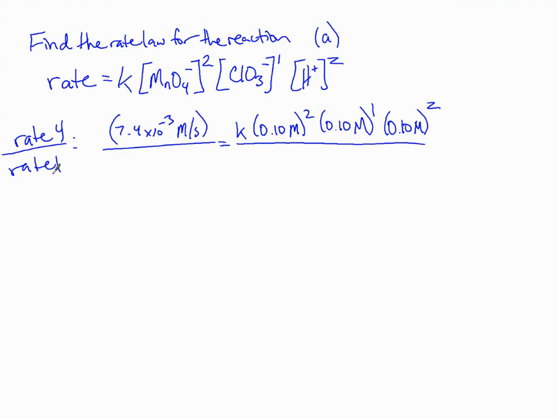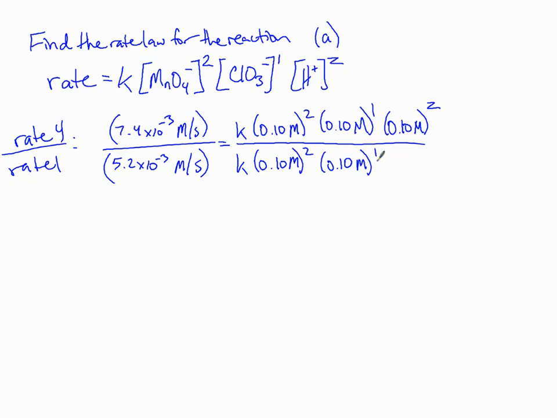Then my rate 1 data. So I've got 5.2 times 10 to the minus third molar per second. We have K, the rate constant. We have 0.10 molar to the second power for the permanganate, we have chlorate as 0.10 molar to the first power.